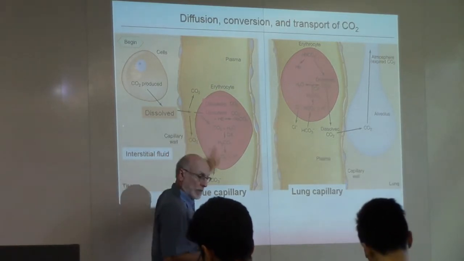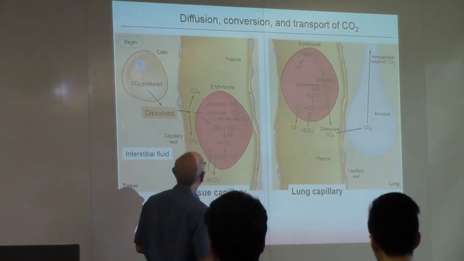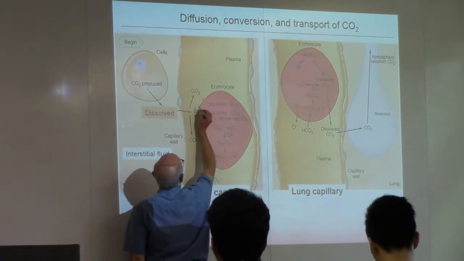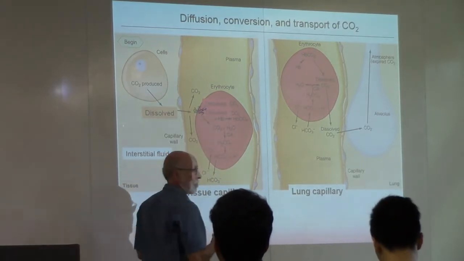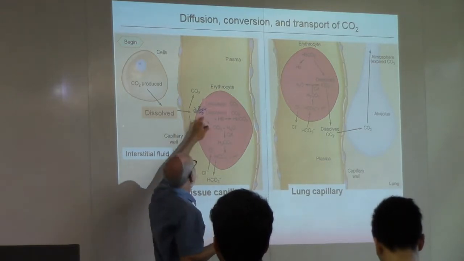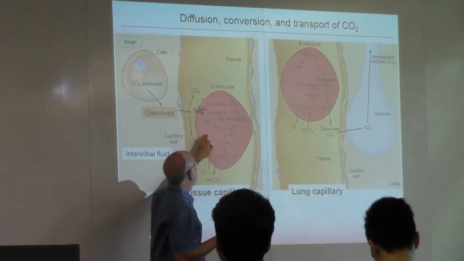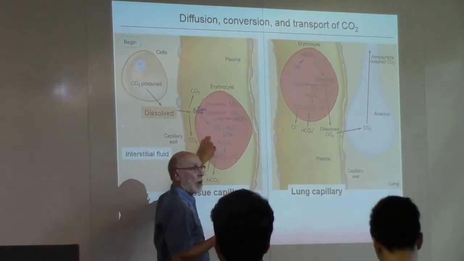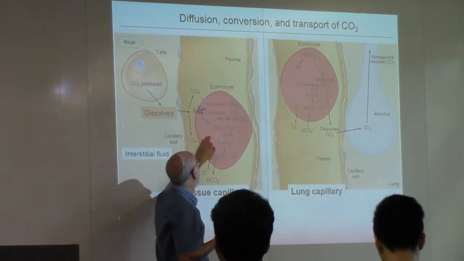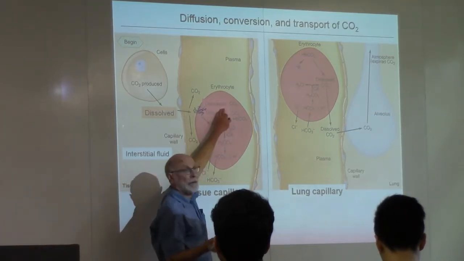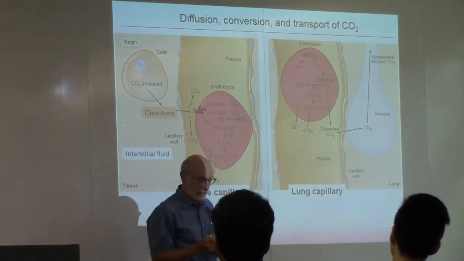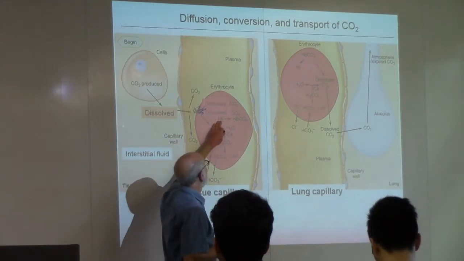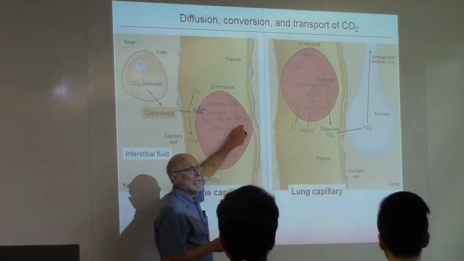Some of it diffuses, so now I'll start labeling because I think this is where we left off. Some of it, this is a step that is diffusion. It's another diffusion step: diffusion into the cytoplasm of the red blood cell, through the red blood cell plasma membrane, where some of it stays dissolved. But some of that dissolved CO2 binds to hemoglobin.